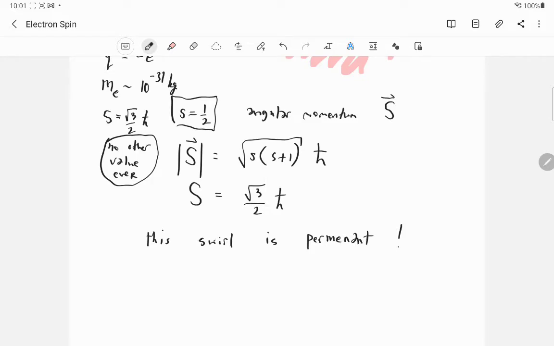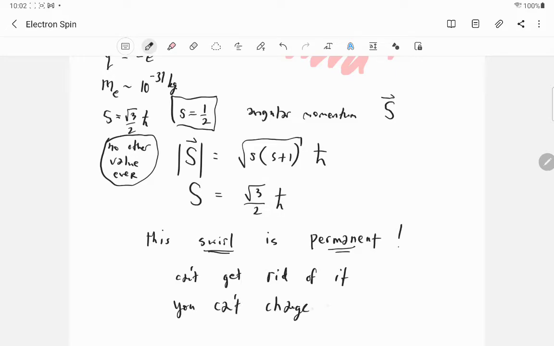I think this is the correct spelling. But this swirl is permanent, as in there's no way to get rid of it. You can't get rid of it. You can't change it. You can't increase it.